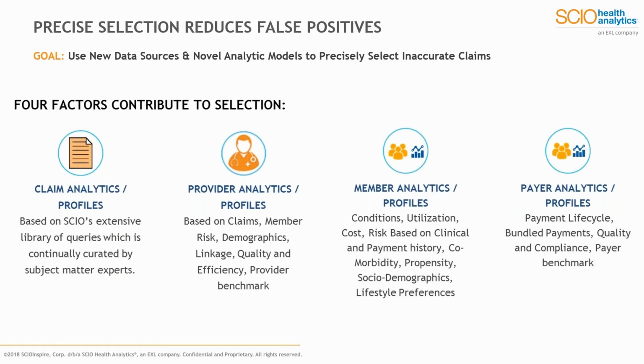The member profiles often store member conditions, utilization, a member's accrued costs, risk based on clinical and payment history, and lifestyle preferences. The payer profiles encompass a payment lifecycle that contains bundled payments, quality and compliance data, and payer benchmarking.